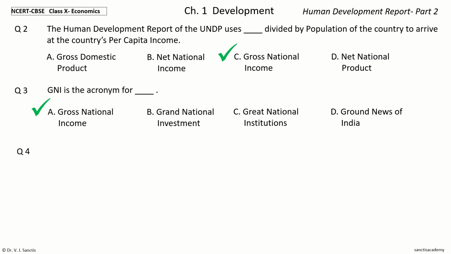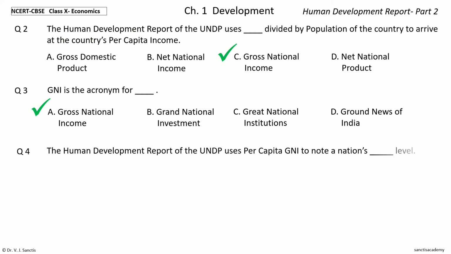Question 4. The Human Development Report of the UNDP uses per capita GNI to note a nation's Dash level. The options are Social, Income, Financial, Solvency.